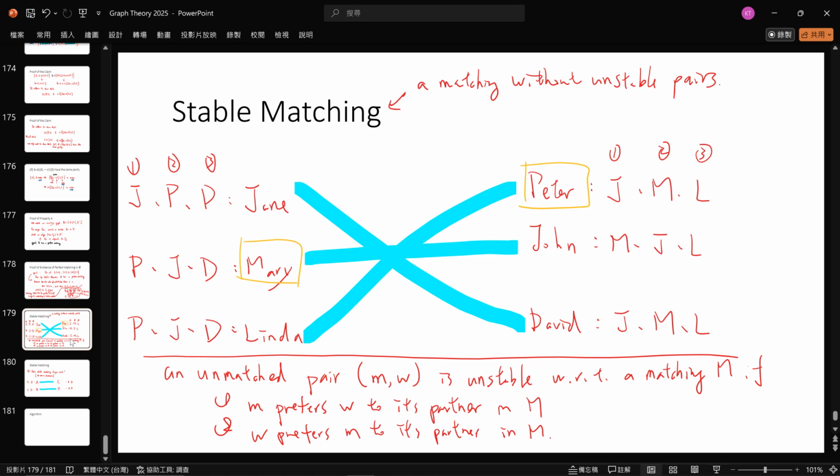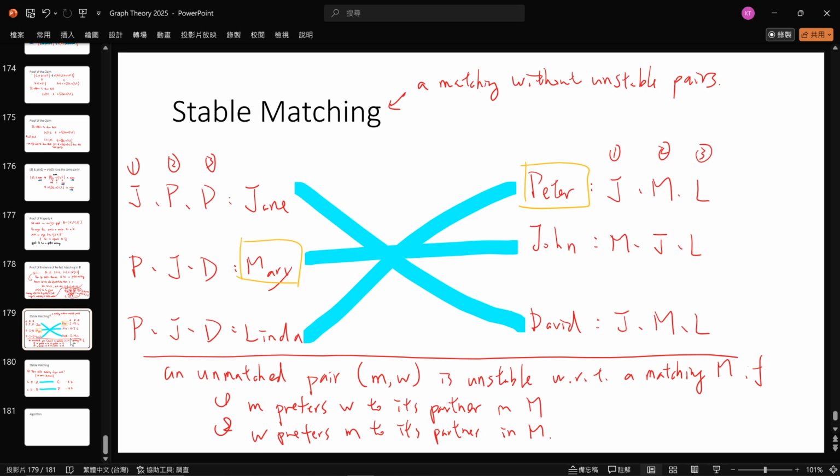So first step, we let men propose to women. Second step, we let women accept and also reject some proposals, according to the preference list. And then rejected men will need to update their preference list. For example, in this case, David will be rejected by Jen. So David has no choice but to remove Jen from his preference list. And that's it. Then we're going to repeat.